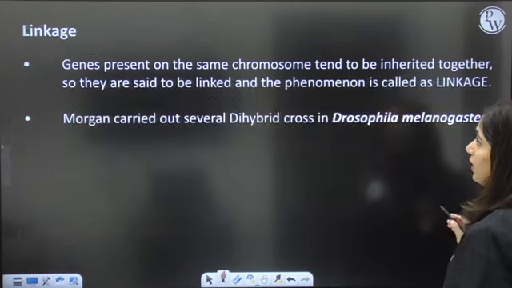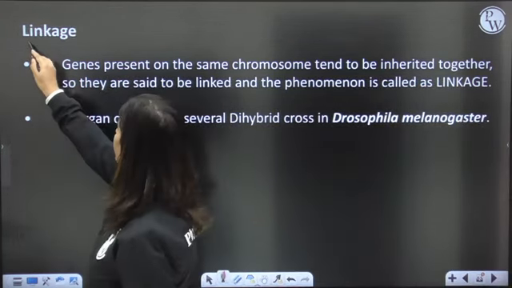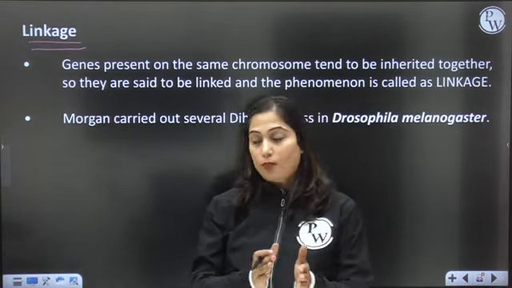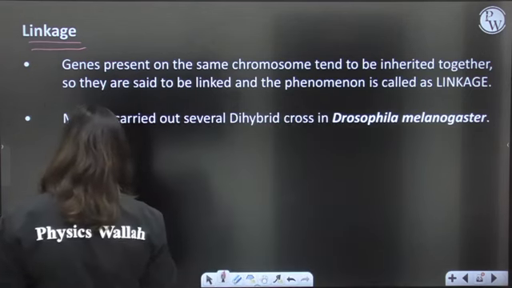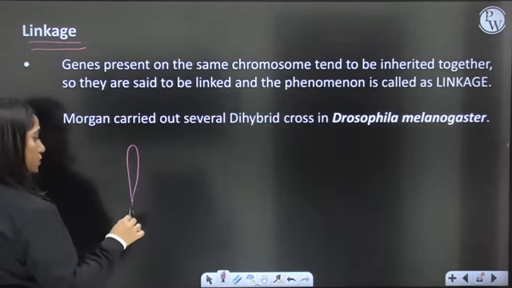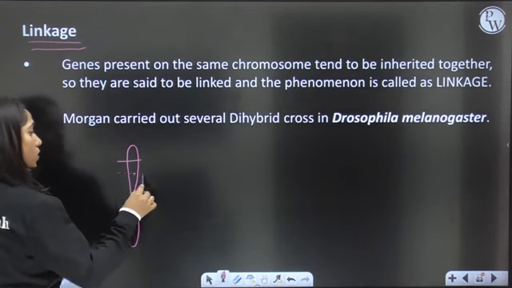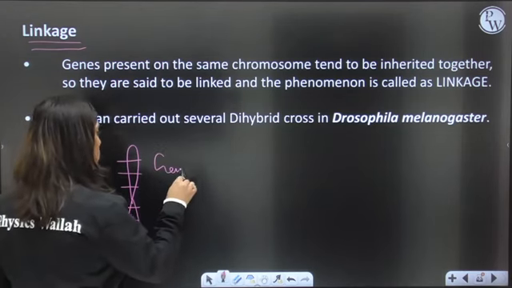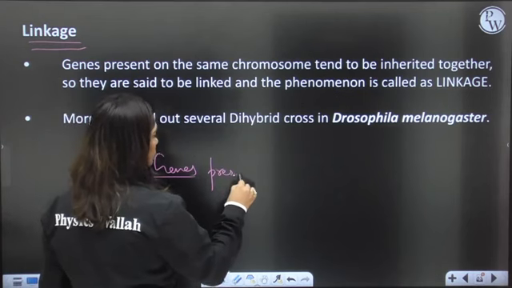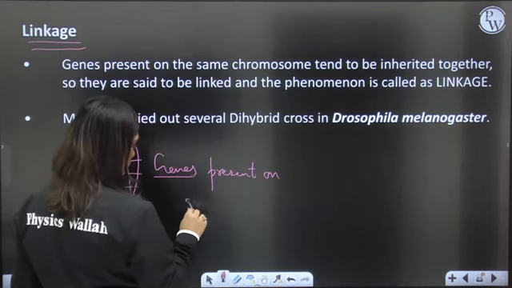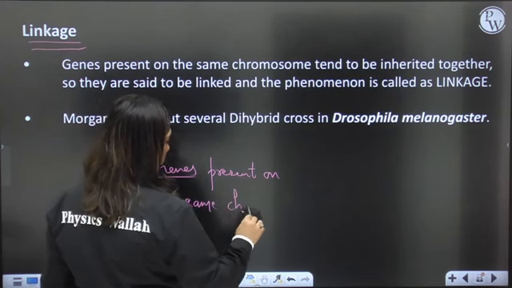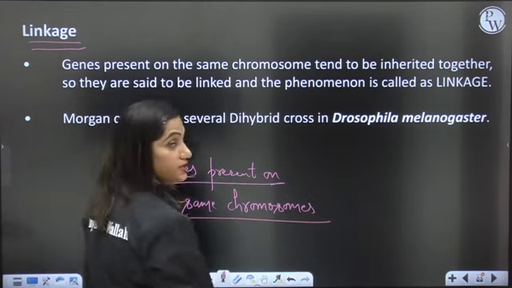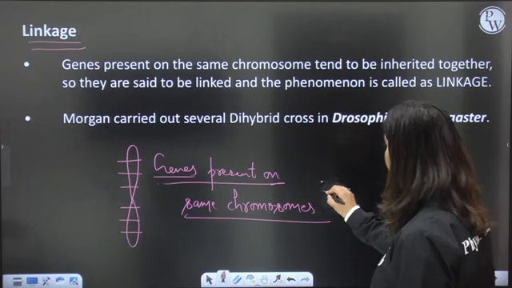So let's move on to the phenomenon of linkage now. What is linkage? Linkage is a phenomenon which tells us about the physical association of the genes present on the same chromosome. The genes which are present on the same chromosome are said to be linked.